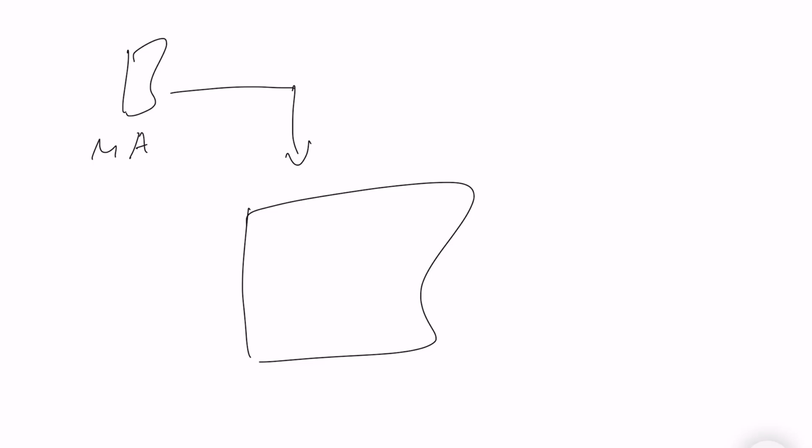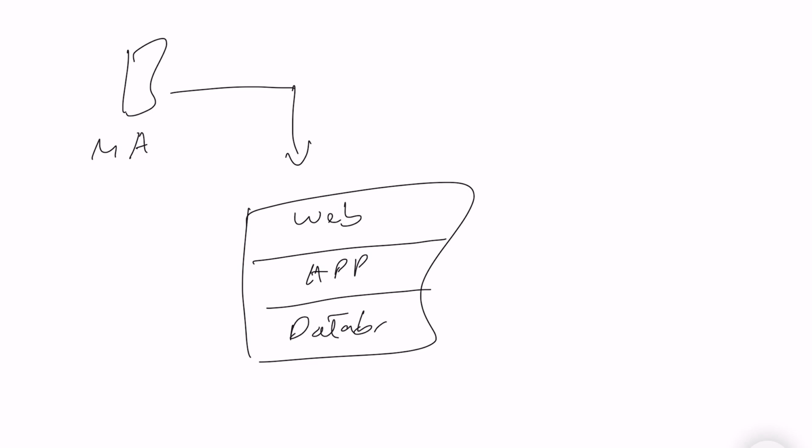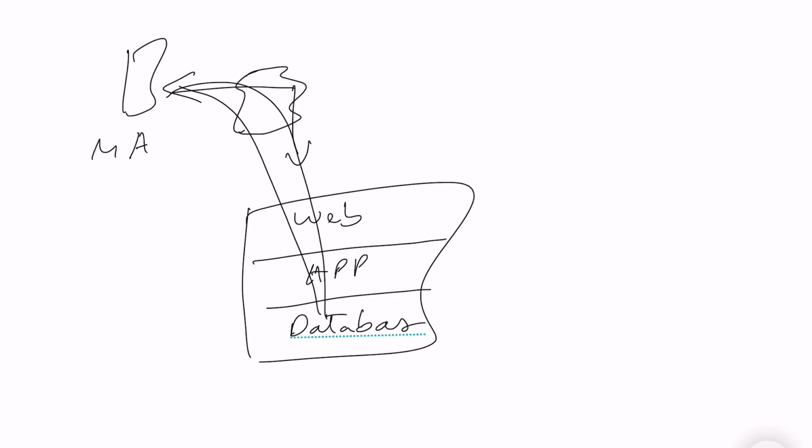Let's say this is your mobile app, and it connects to a data center, where there is a web layer, an app layer, then a database layer. And maybe this is the internet. So anytime you access your data or application, somehow you are pulling data back from a database.